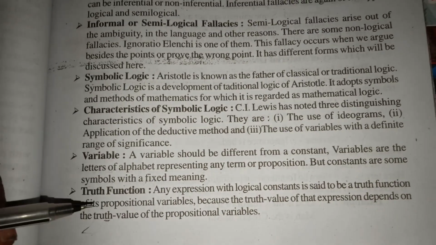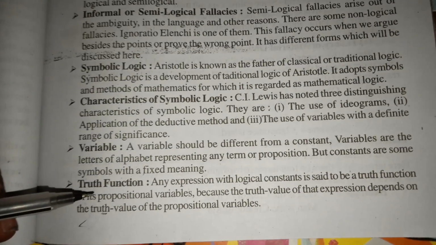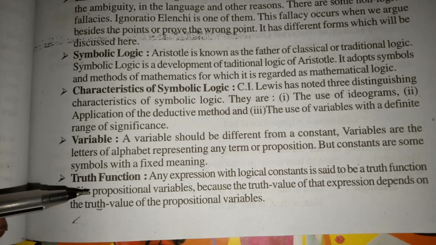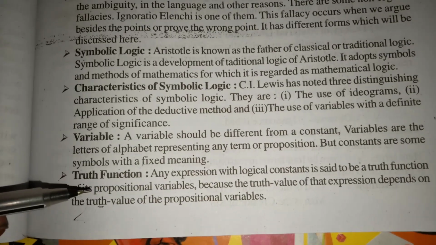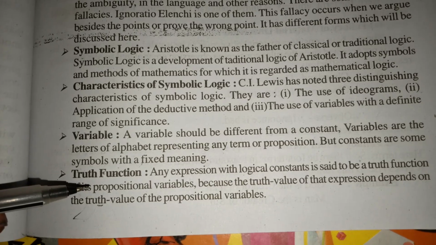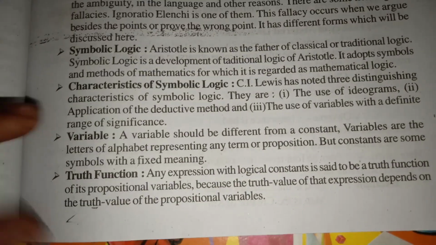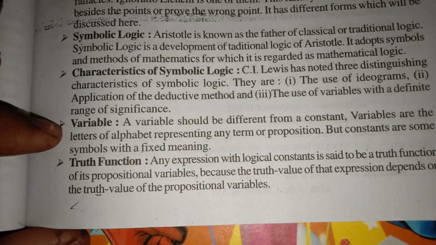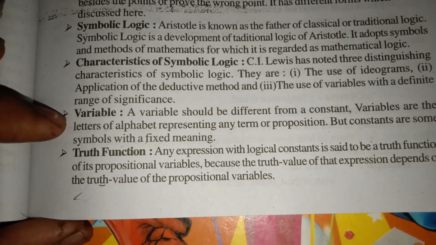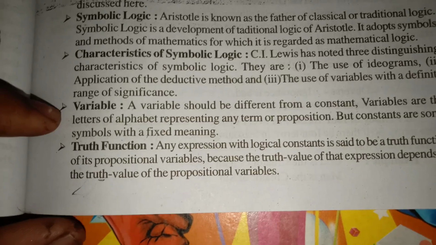But constants are symbols with fixed meaning, while variables are not of fixed meaning. They represent a proposition or a term of a proposition. By the way, propositions coming together make an argument.